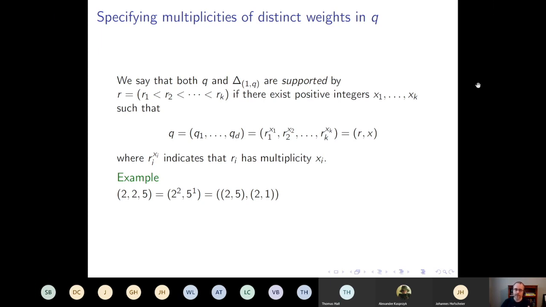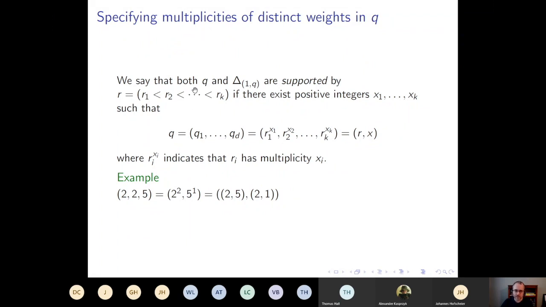So one thing that we'll be talking about a lot, or that I'll be talking about a lot here, is that when I look at this vector of weights, what I really want to focus on is the distinct entries and their multiplicities.